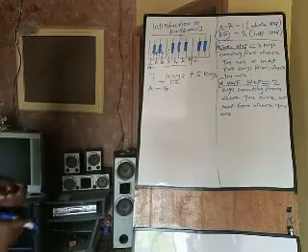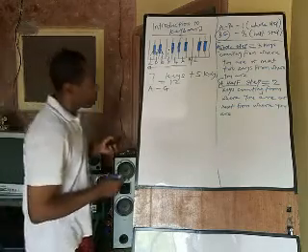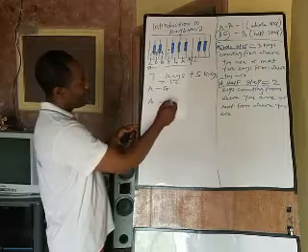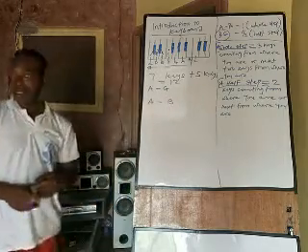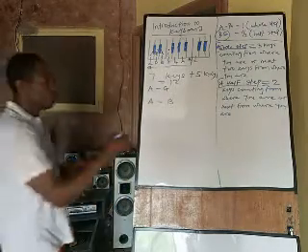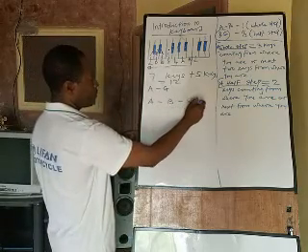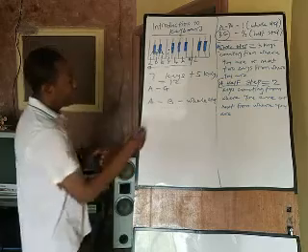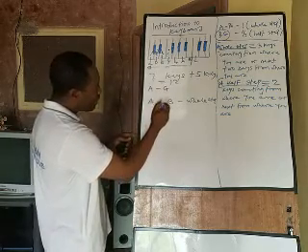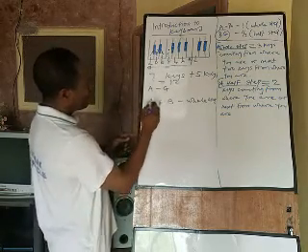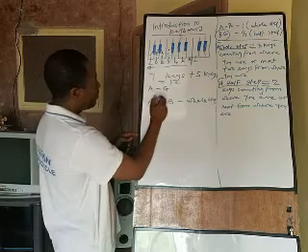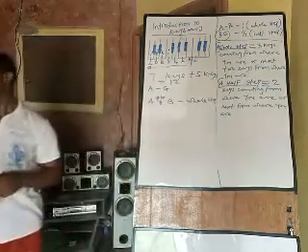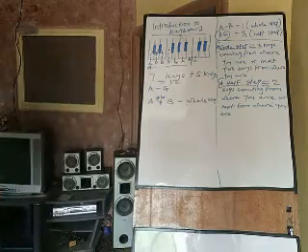Now we're going to consider those keys one after the other. Between A and B, is it a whole step or a half step? It's a whole step. The black key between A and B is either a sharp or a flat. That is the halfway point between them.